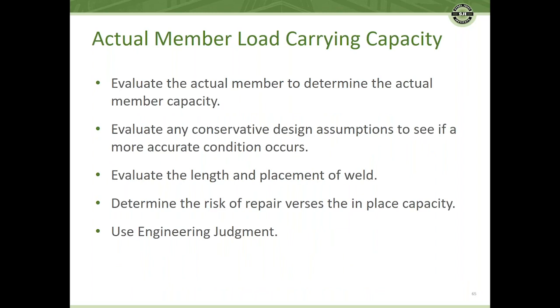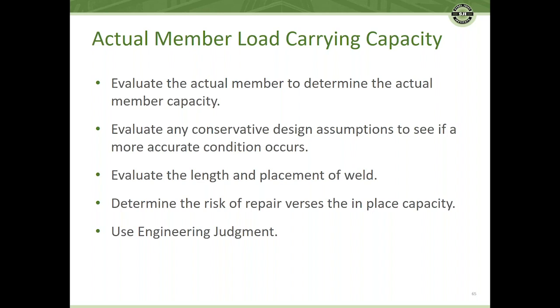So when we're looking at the actual member load carrying capacity, we evaluate the actual member to determine the actual member capacity. Sometimes it's a little more than what was specified. Evaluate any conservative designs and assumptions. Evaluate the length and the placement of weld. I talked about that a little bit. Determine the risk of the repairs versus in-place capacity.